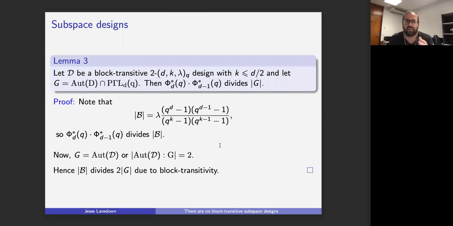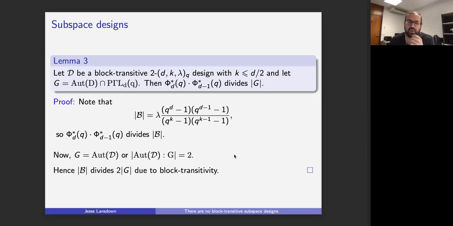The next thing to think is, well, G is either the full automorphism group, if it's contained entirely in PΓL, or we get its index 2. Either way, that means that the number of blocks has to divide 2G because we're block transitive.